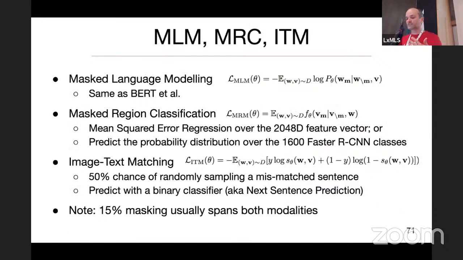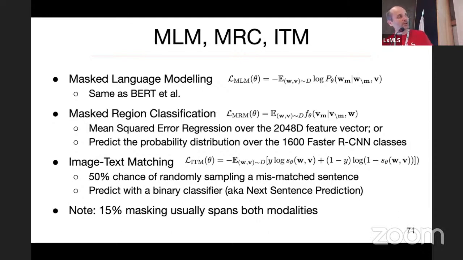And so how this works under the hood is that the masked language modeling is identical to BERT and friends, except now the expectation we're taking is over these sentence image pairs from our datasets.